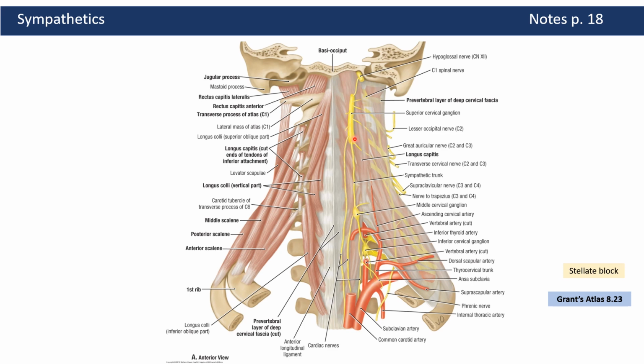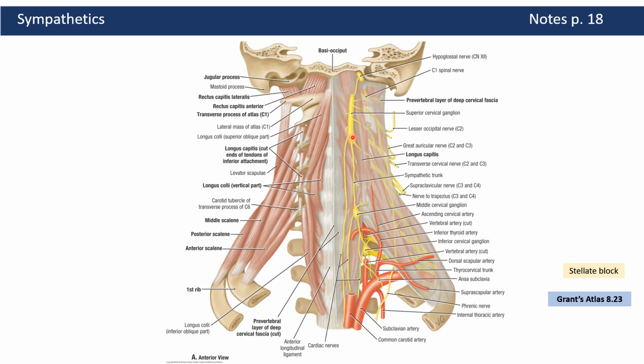When we talk about the superior cervical ganglia, this is the largest and most pronounced of the cervical ganglia. It is at about the level of C1 and C2, cervical vertebrae.